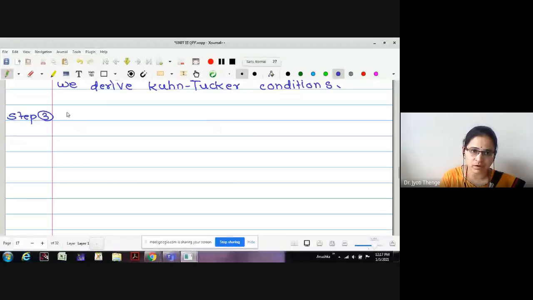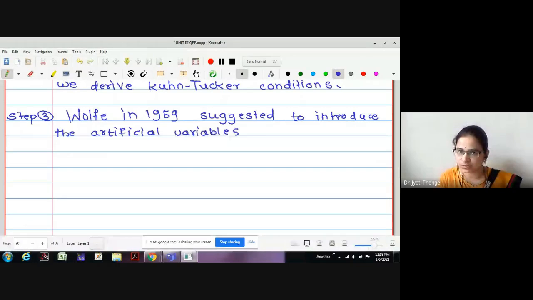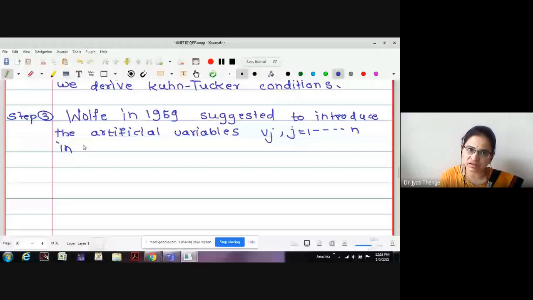So let me write: Wolfe in 1959 suggested to introduce the artificial variables Vj, j equals 1 to n, in the Kuhn-Tucker conditions. Let me just rewrite that equation number 2 in the Kuhn-Tucker conditions.